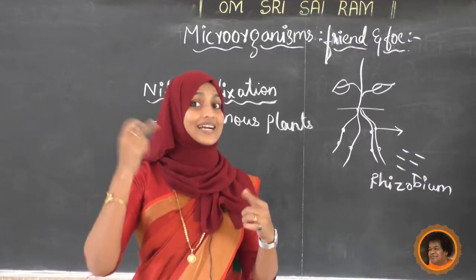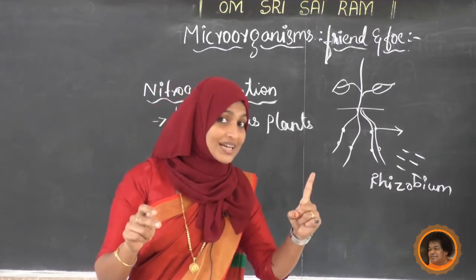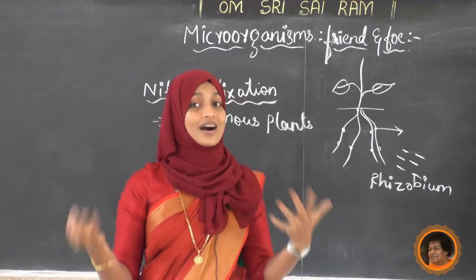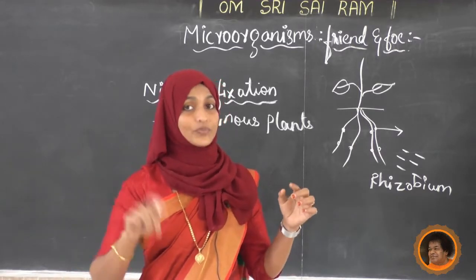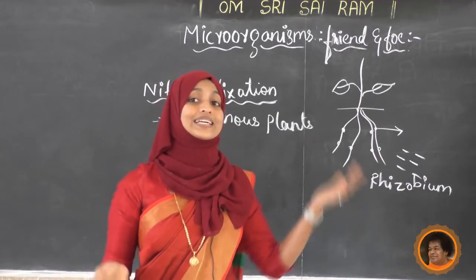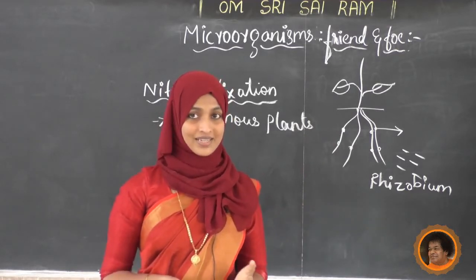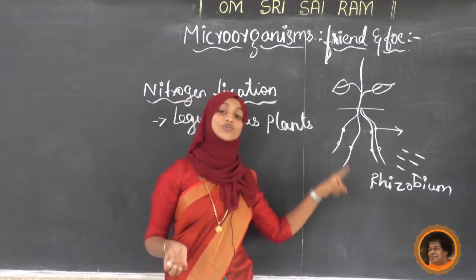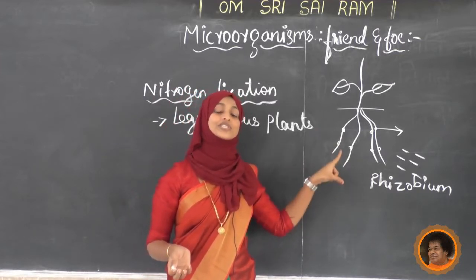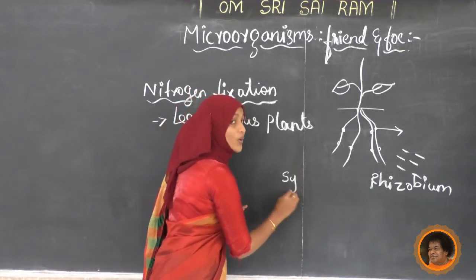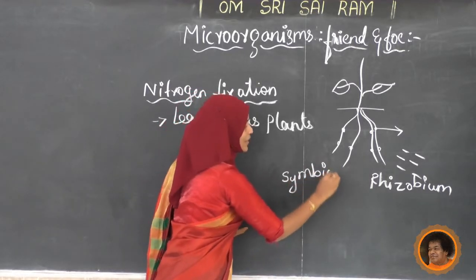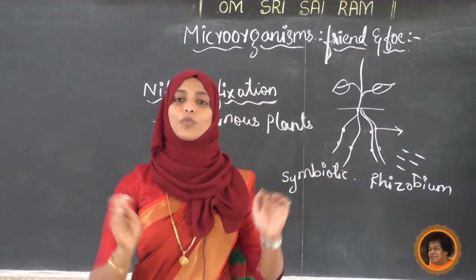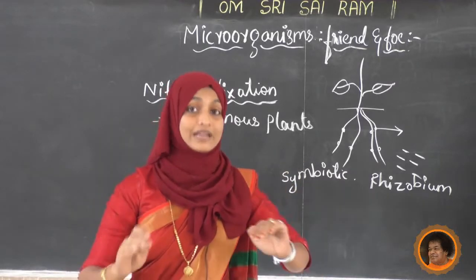With lice and us, one organism benefits and the other is harmed. Here, both organisms benefit from the relationship, so such a relationship is called a symbiotic relationship.